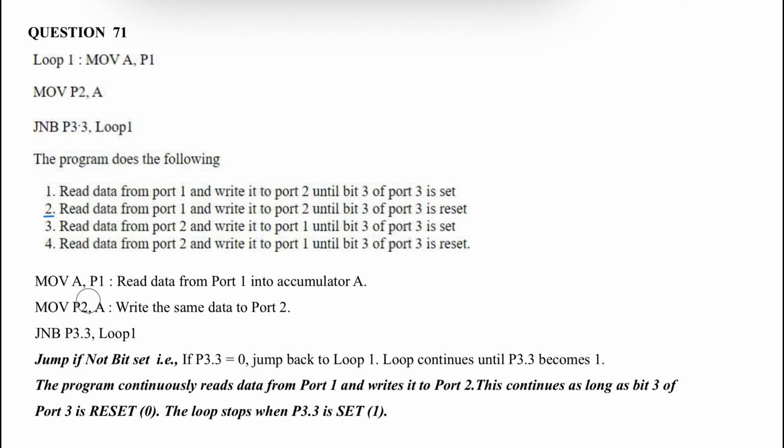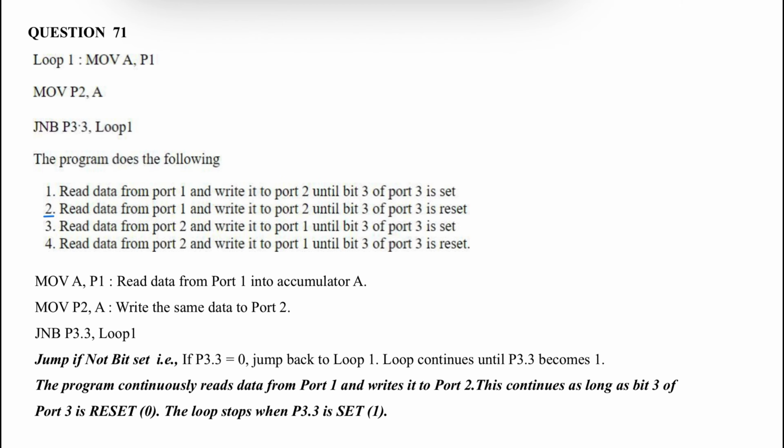MOV A, P1 reads data from port 1 into the accumulator. MOV P2, A writes the same data into port 2. So in the first two instructions, data is read from P1 into the accumulator, and from the accumulator the data is written into port 2.